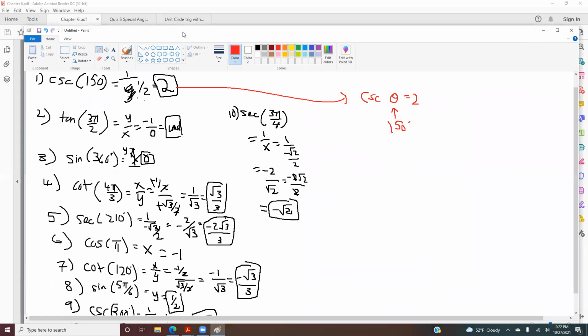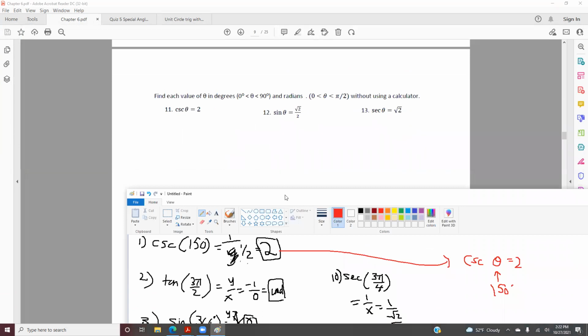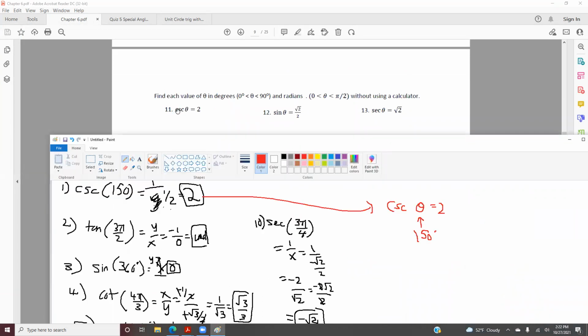Okay, so for this kind of question, number 11, 12, and 13, they provide you the value, but we have to figure out the angle. For question 11, make sure you know that this goes from 0 to 90 degrees. Class, is 150 degrees in this range, 0 to 90? No, so you cannot use 150 for 11.